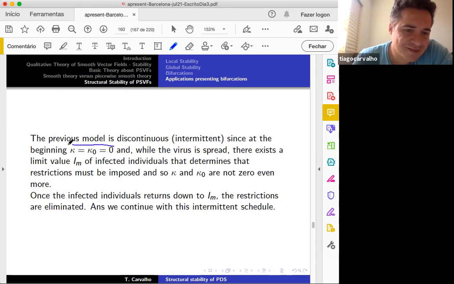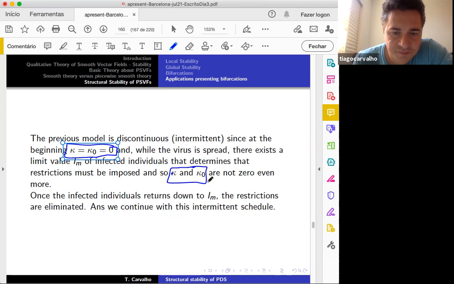When there aren't restrictions concerning the circulation of the population, and the second case where these numbers are not zero and there are restrictions about the circulation.